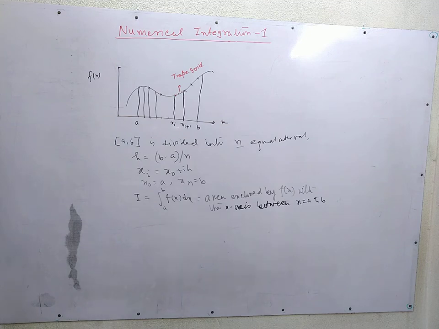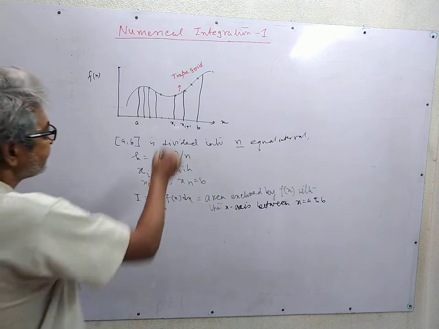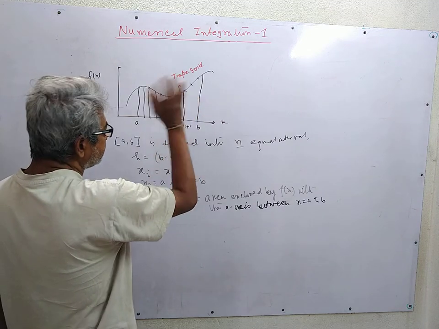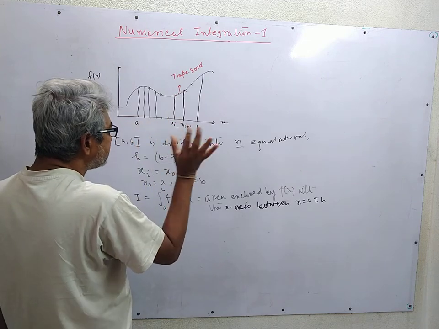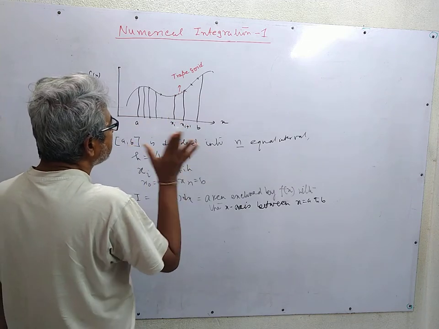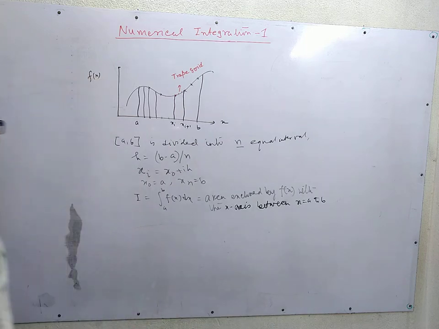In general, the curve between two values of x may be approximated by a higher polynomial, and the polynomial is called the integrating polynomial.